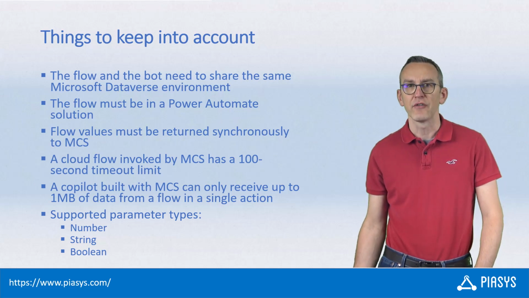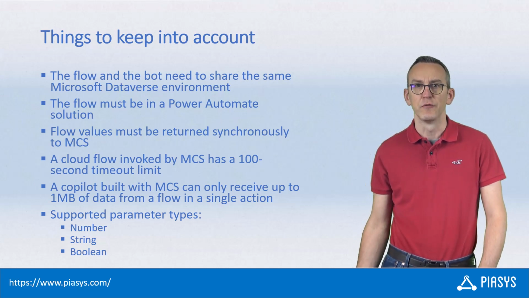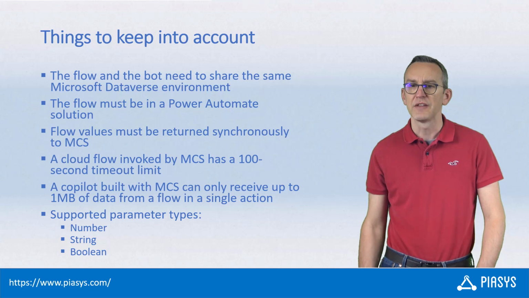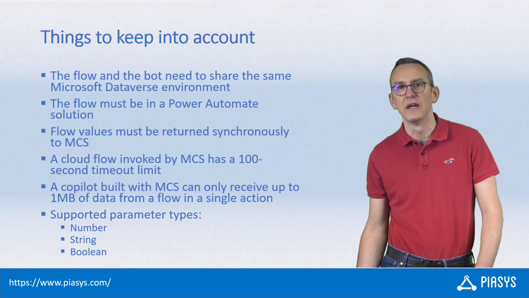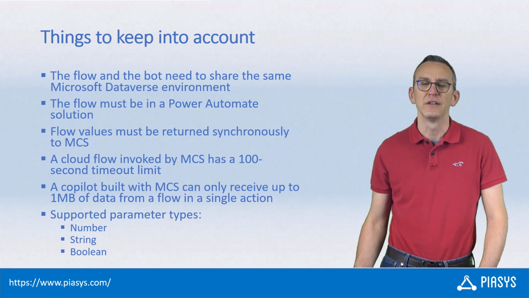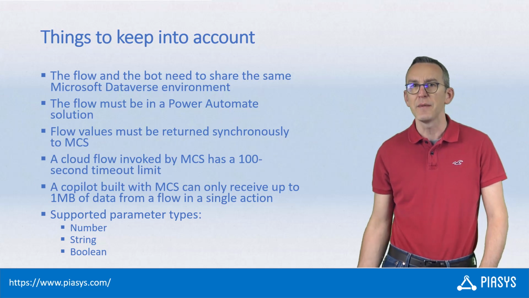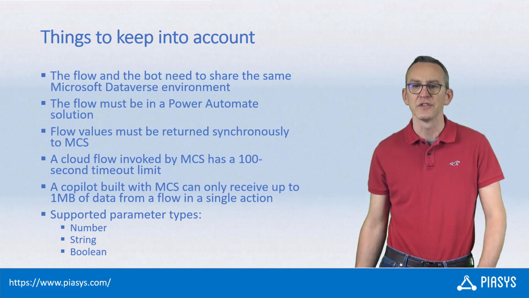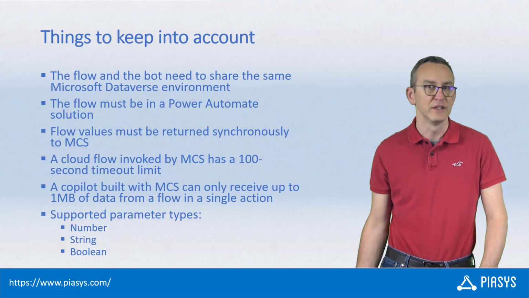Moreover, whenever Microsoft Copilot Studio interacts with your custom flows or extensions, it will need to get an answer within 100 seconds, otherwise it will time out. And last but not least, you can receive data up to 1 megabyte of size. And the data types supported by this kind of interactions are number, string, and Boolean types.